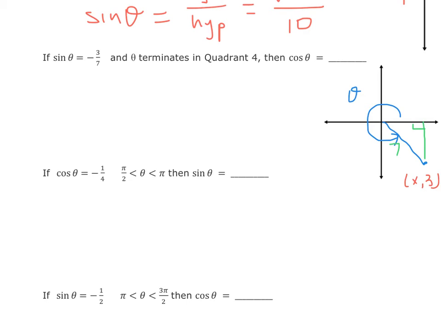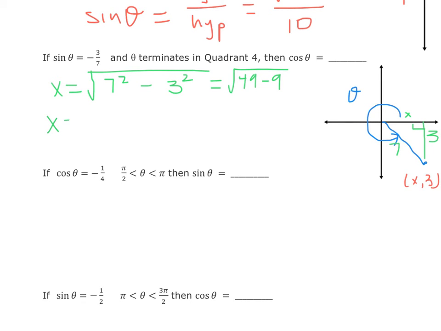Since we want to find cosine, we are going to solve for this unknown x value right here. Using the Pythagorean theorem, we take 7 squared minus 3 squared. I guess I didn't label that. That 3 would go right here. So we get the square root of 49 minus 9.